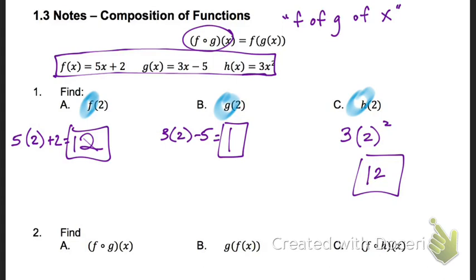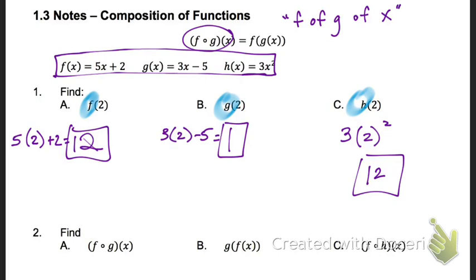For C, it's 12 because you don't put the exponent with the... Perfect. So the squared only goes to the x. And I do that first, so then it becomes 3 times 4. Are we good with that?